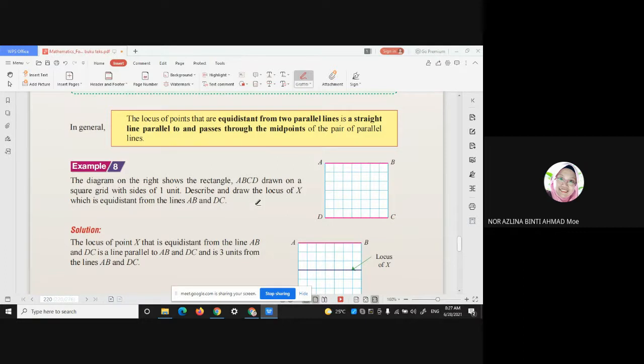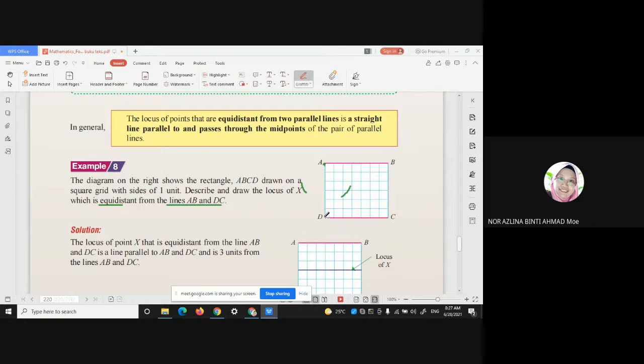Describe and draw the locus of X which is equidistant from the lines AB and DC. We know our locus must be a straight line. So using compasses from point A, left, right.